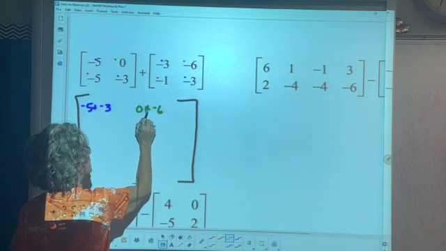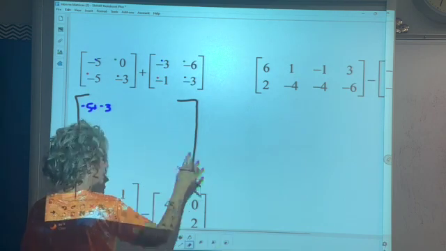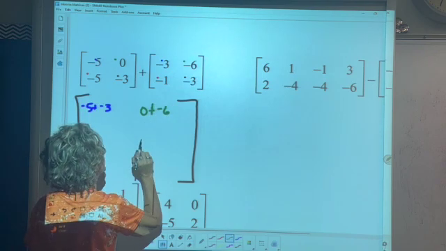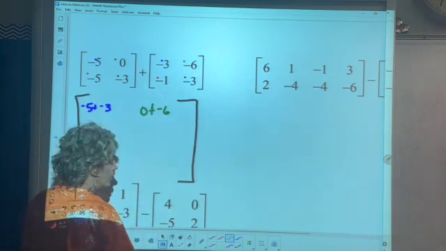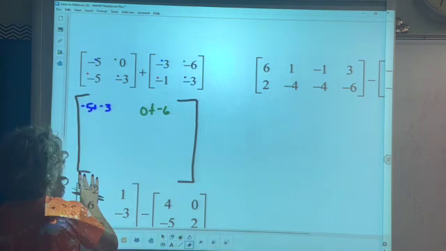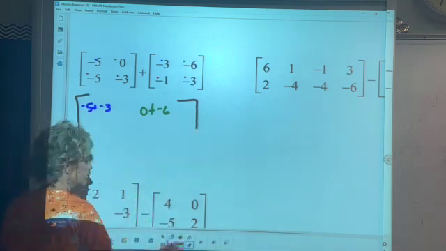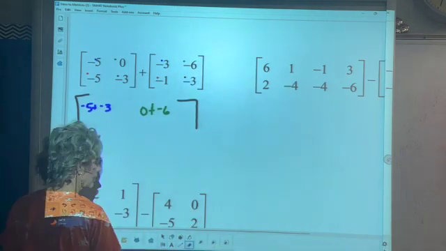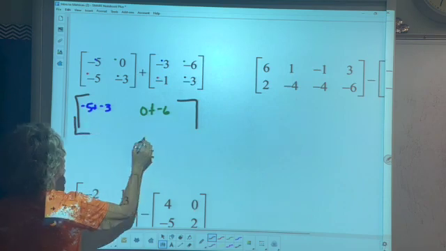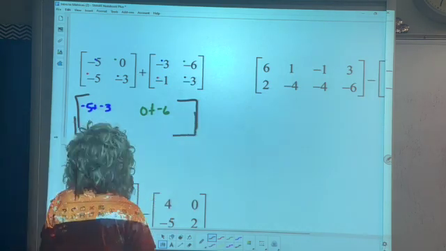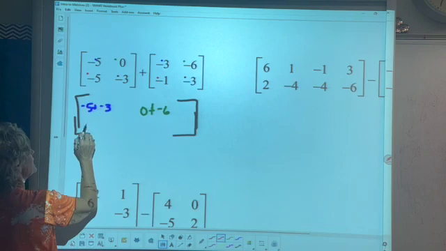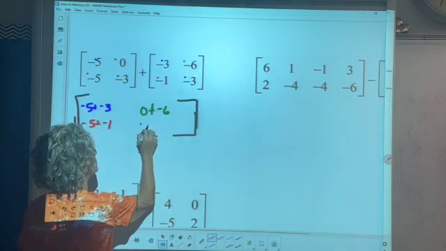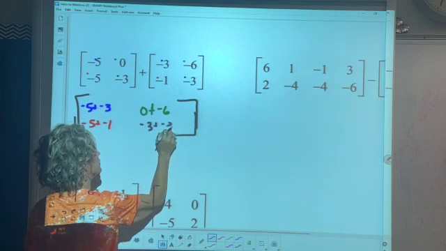I can make those a little smaller, give myself some room. Okay, so this next one would be a negative 5 plus a negative 1. And my last entry would be a negative 3 plus a negative 3.